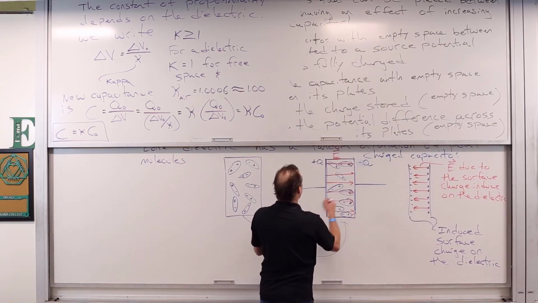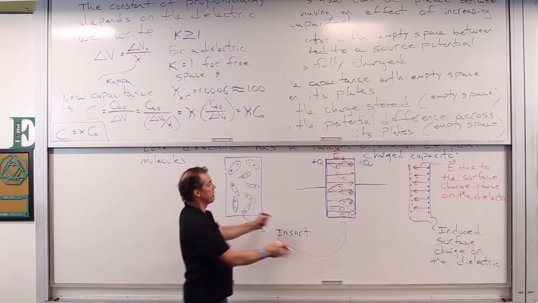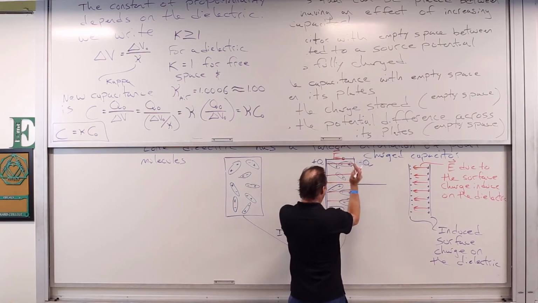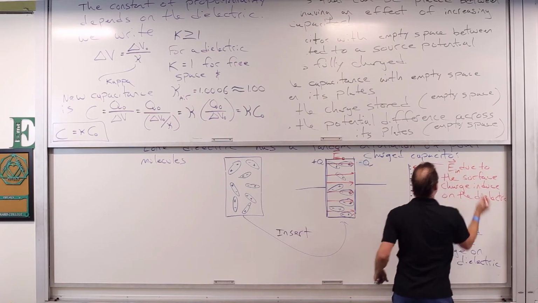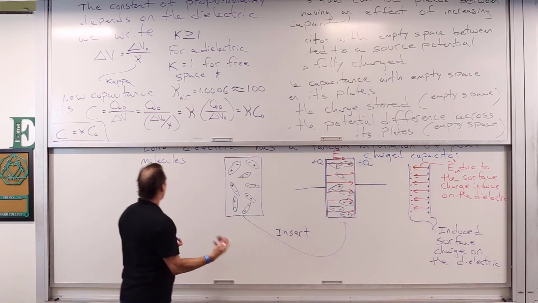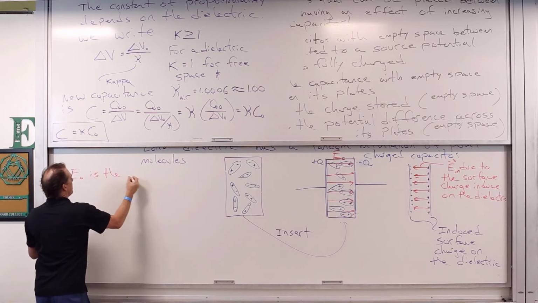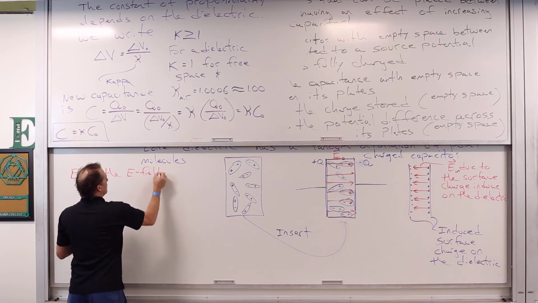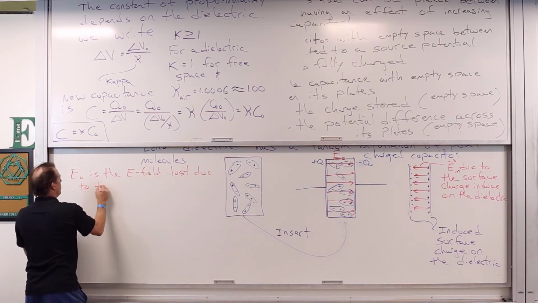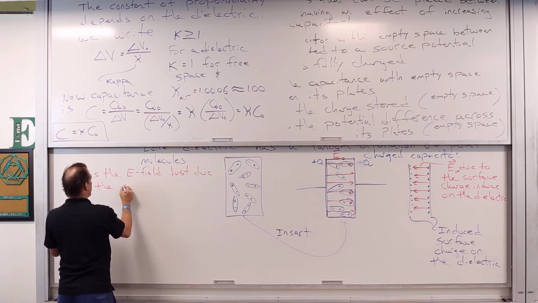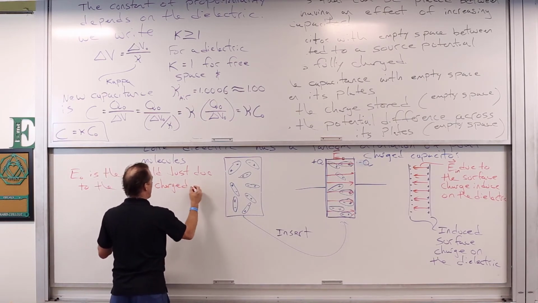So let me call this field actually E0, the electric field without the dielectric, or just really regarding the outer plates. This is the electric field that's induced, and then we'll look at the overall electric field. So let's write this. E0 is the electric field just due to the outer charged plates of the capacitor.